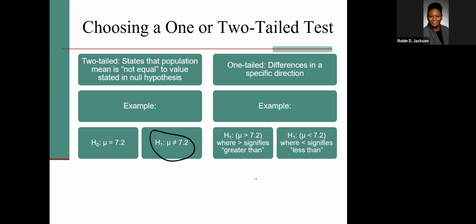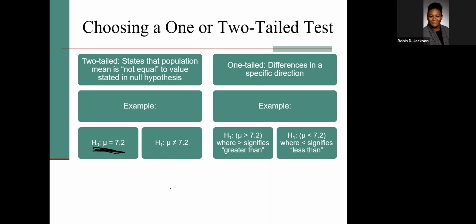You would have the null hypothesis. So this is going to be the same regardless. The null hypothesis is going to be the same regardless of if you have a one-tailed or two-tailed.